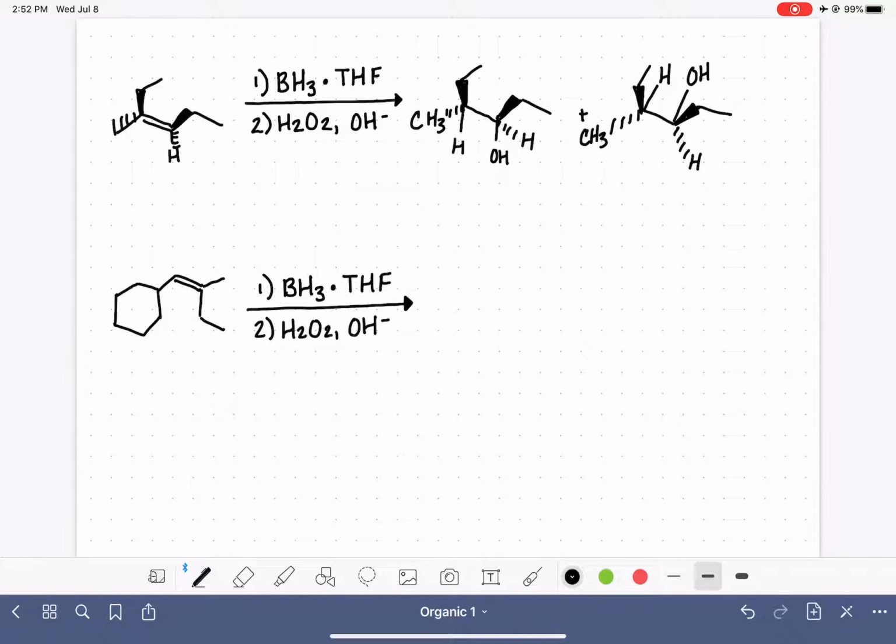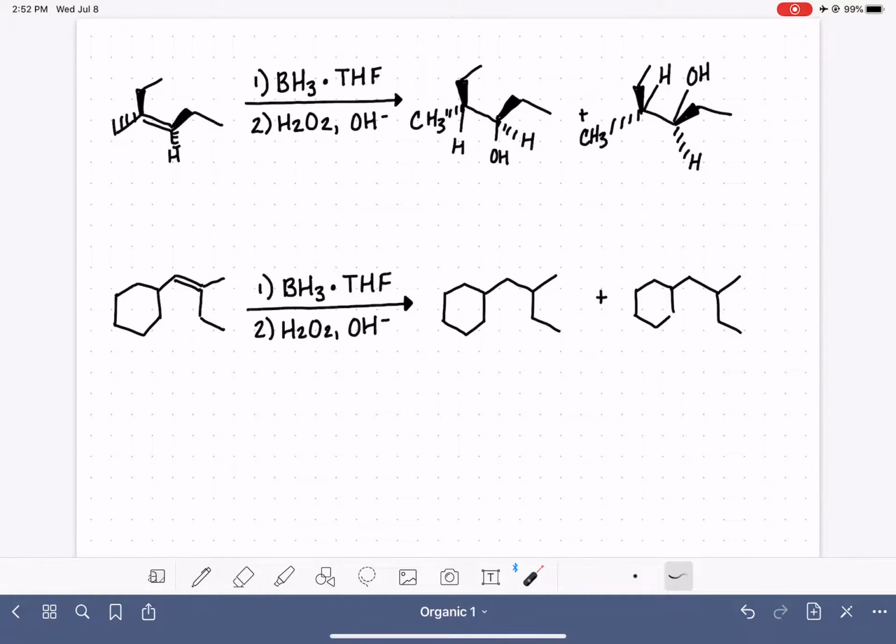Okay, so start by drawing your carbon skeleton, but getting rid of the carbon-carbon double bond, and focus on the carbons that you're going to work on. Now, we know we're going to be making two products, so why don't we just draw both of those carbon skeletons right now.